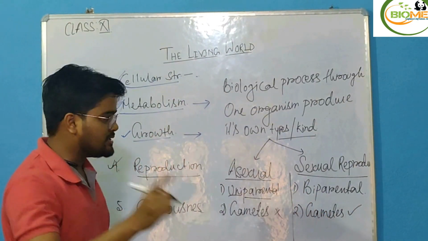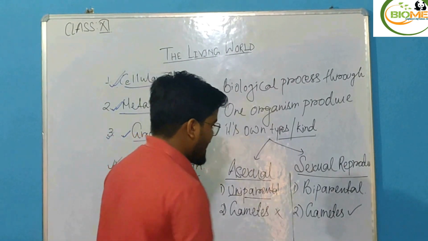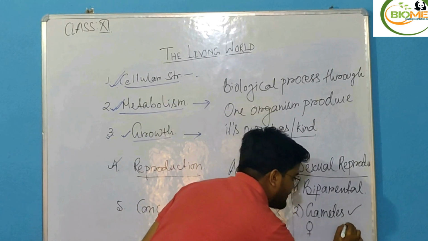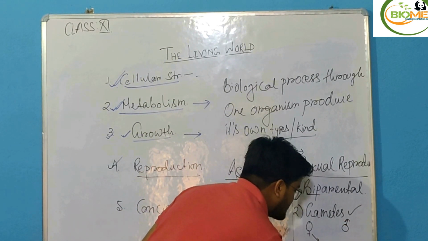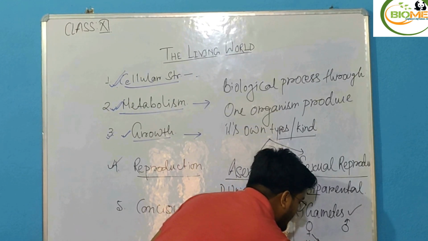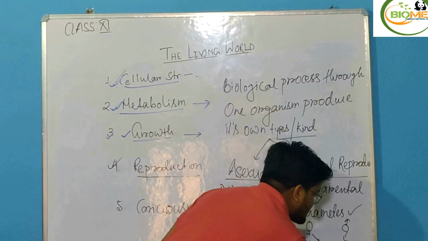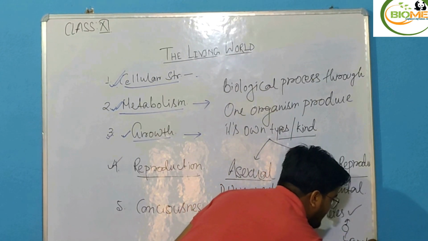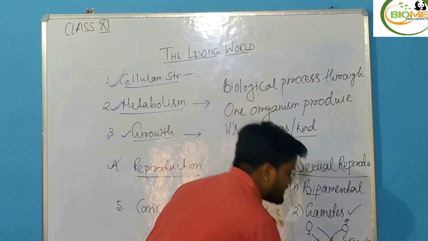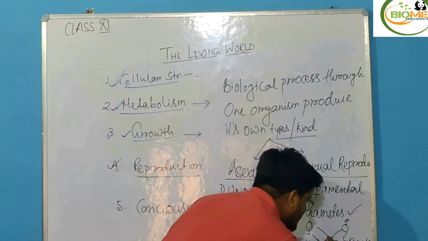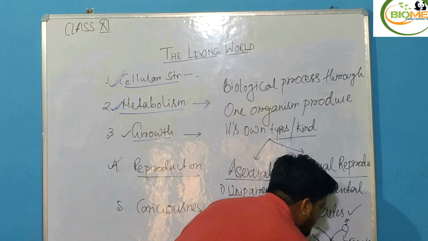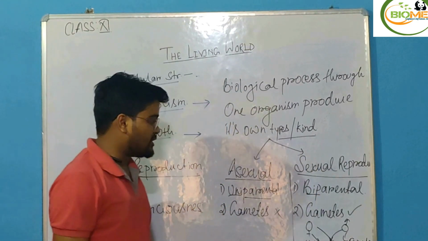Gametes are the unit of sexual reproduction, and as it is biparental, the male releases male gametes and the female releases female gametes, and these fuse. You already know this, and by this process a new individual forms, called the zygote.